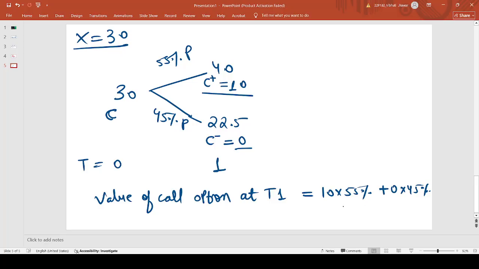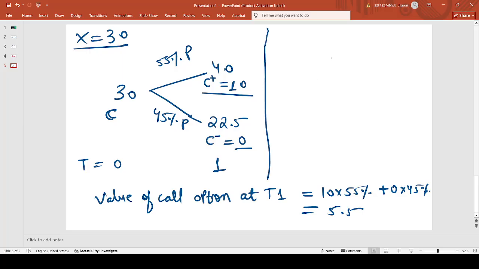Year 1, this is the value, but to find the value today, we will have to discount it, right? This is 5.5 at year 1. To find the value today, we would have to discount it at the risk-free rate.